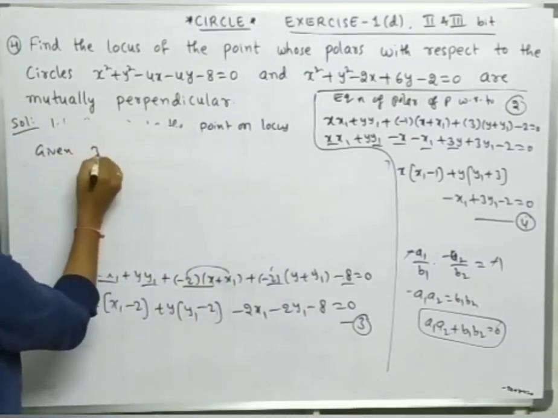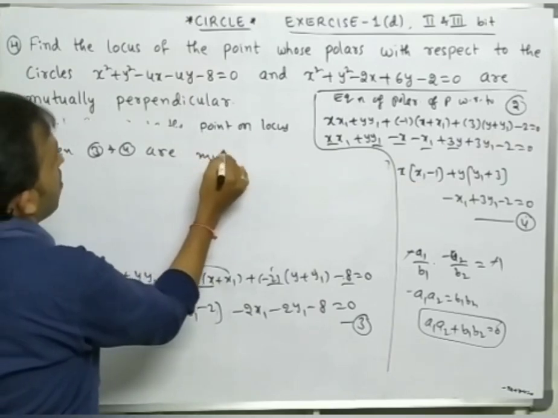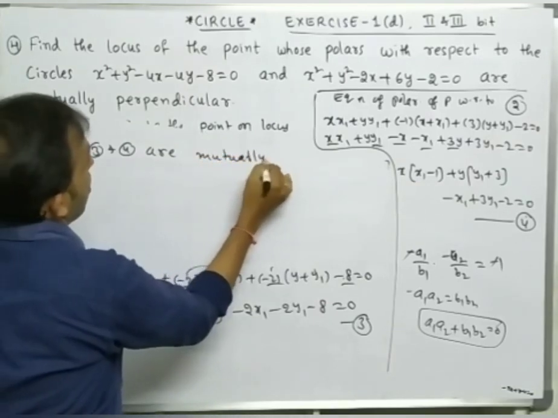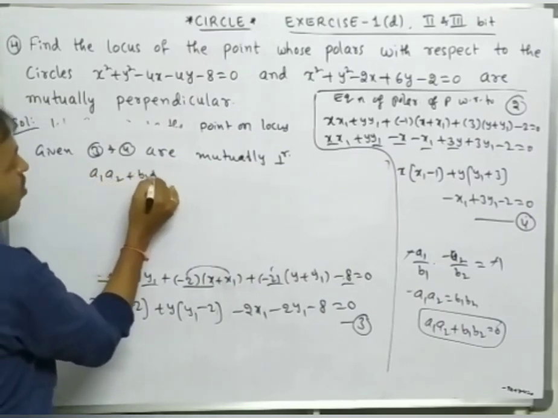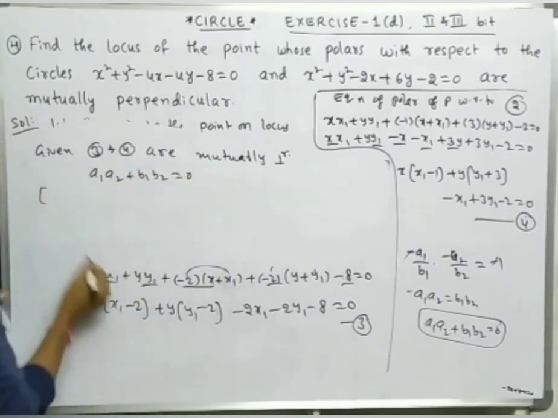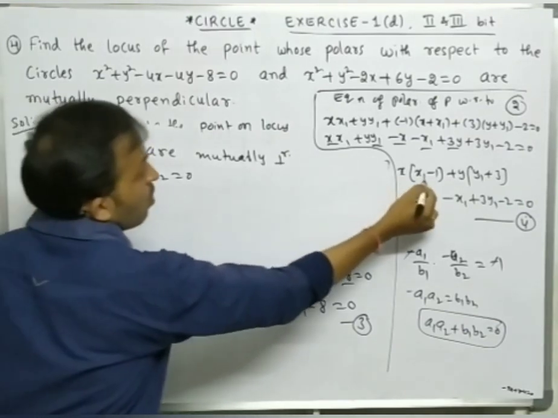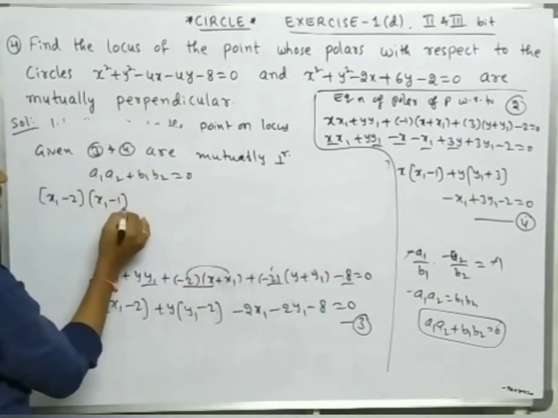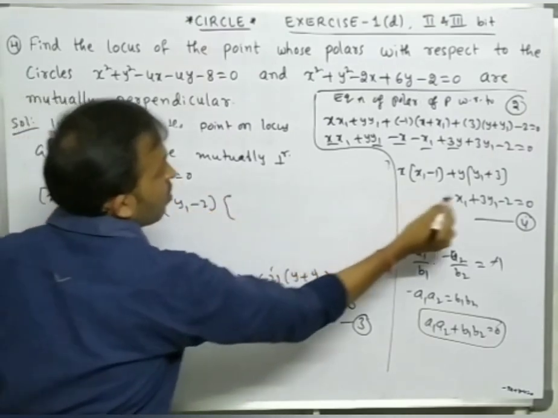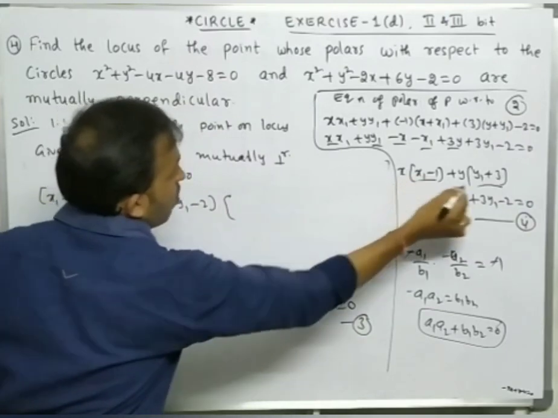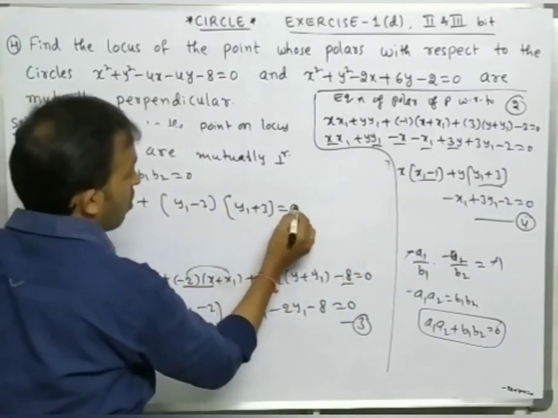Given 3 and 4 are mutually perpendicular. So therefore a1 a2 plus b1 b2 is equal to 0. What is a1? X coefficient, that is x1 minus 2, a2 here x1 minus 1, plus b1 this one, y1 minus 2, b2 this one, y1 plus 3 is equal to 0.